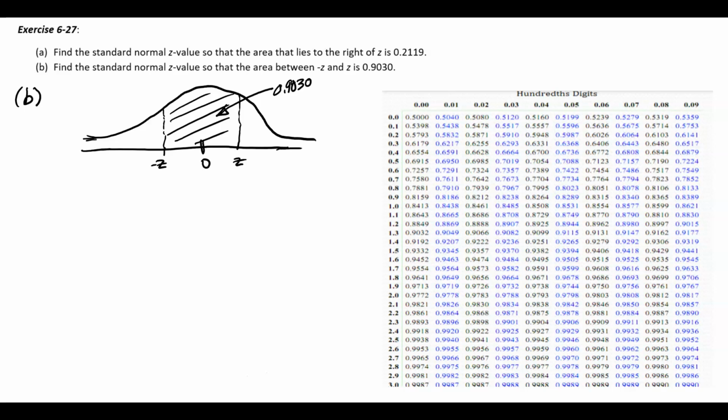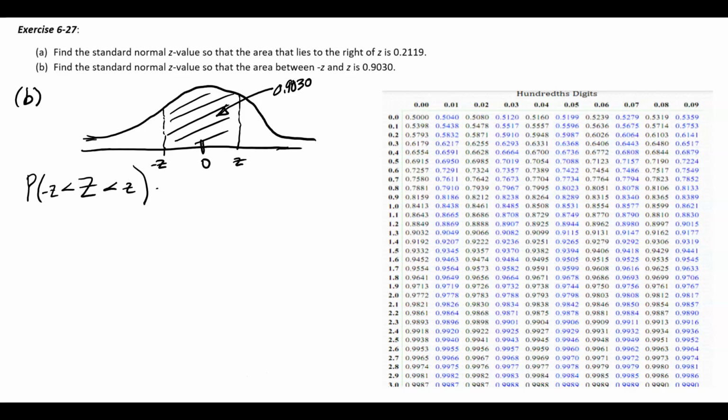But if one is positive, the other one has to be negative. And so your graph is going to look something like this. And we're trying to figure out, well, what is the z-score that's associated with this area under the curve? This is the same thing as saying find the probability that z is between negative z and z.